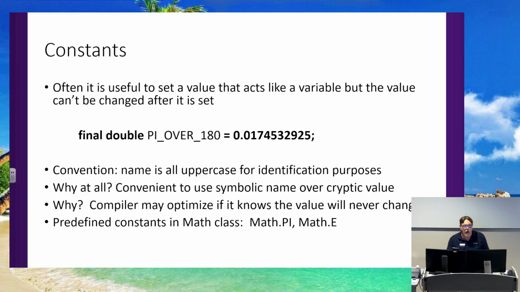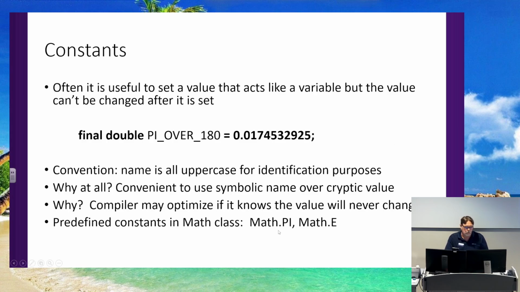So Math.PI, you don't have to go look up 3.14159 and all the digits. Somebody has already done that and put them in and called it Math.PI. And Math.E is the same thing for the e constant. And there's other constants, you can go look those up. It's just good to know that they're there instead of reinventing the wheel.